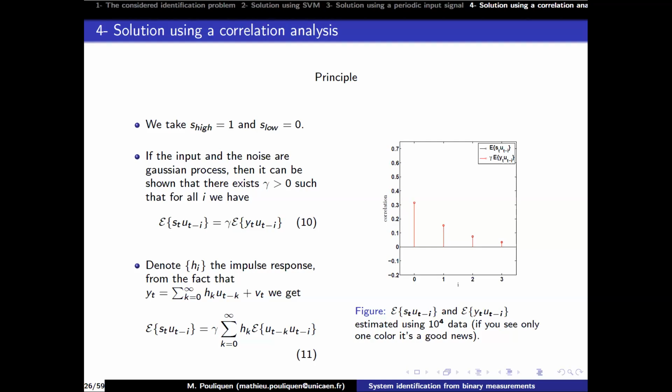Often we estimate some parameter with the correlation function between the output and the input. From this result, we can see that we can apply the same result. In 11, you see how I can express the cross correlation between S and U in function of the parameter I want to compute.